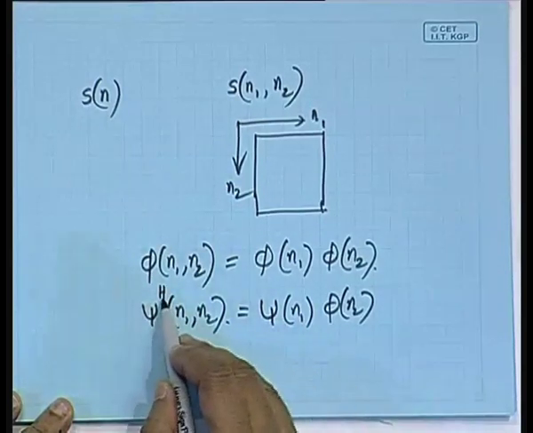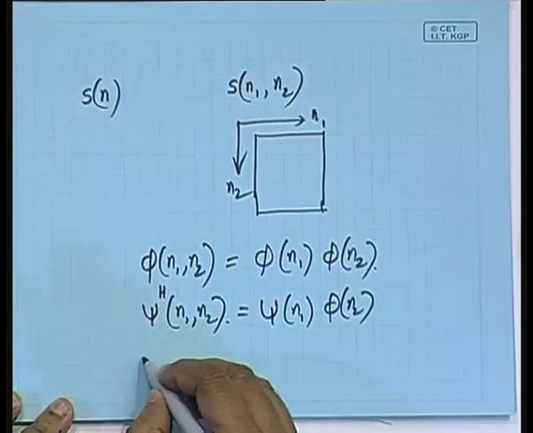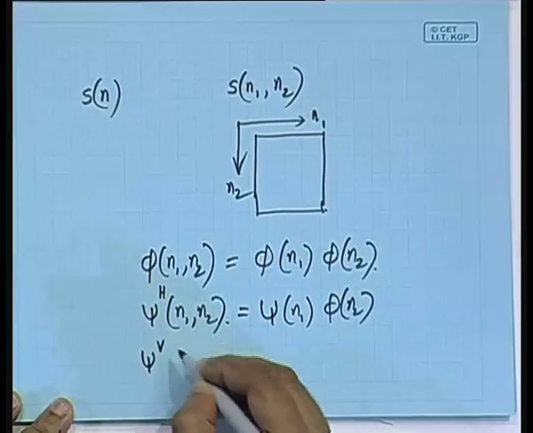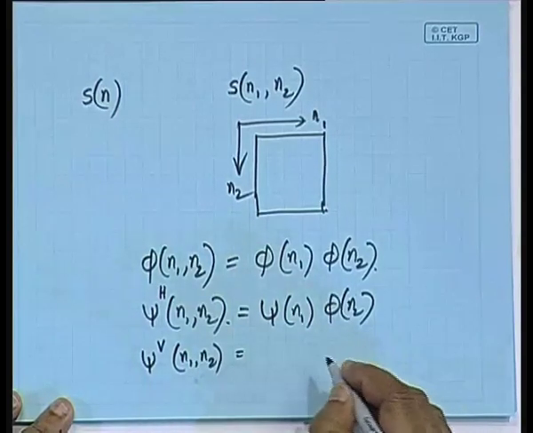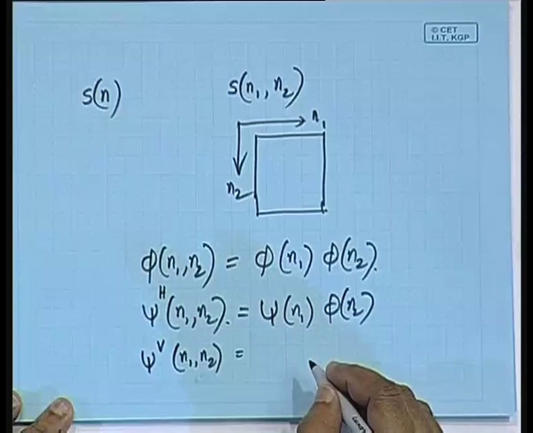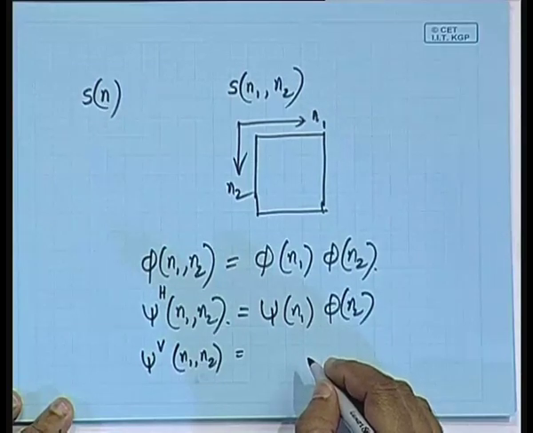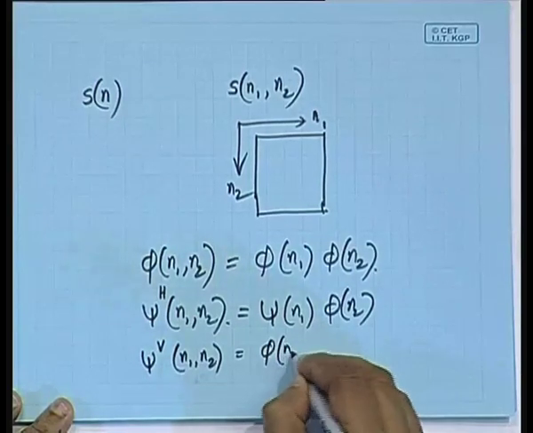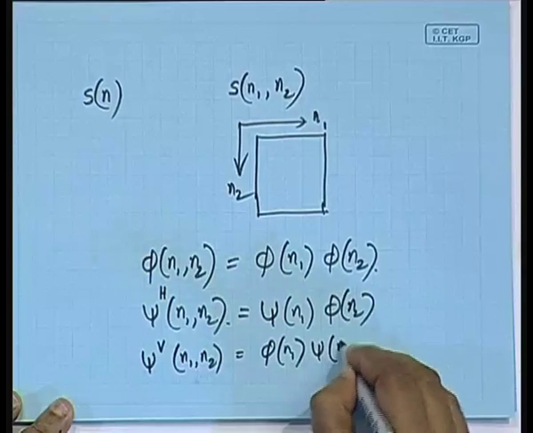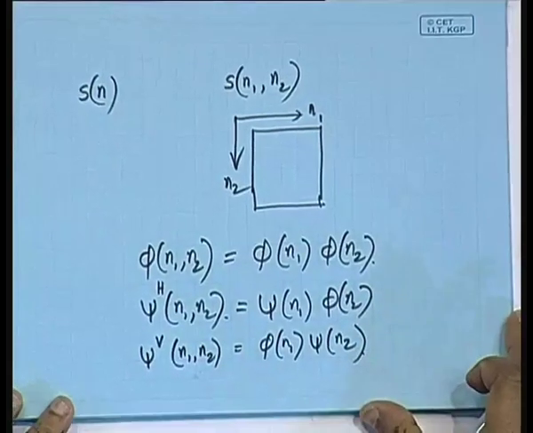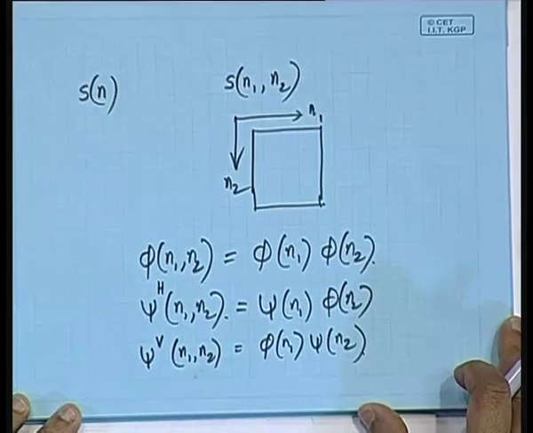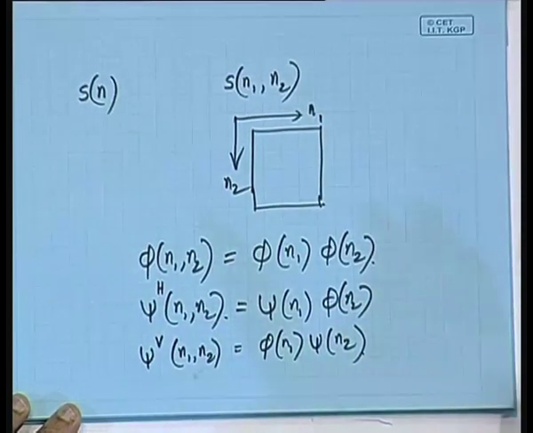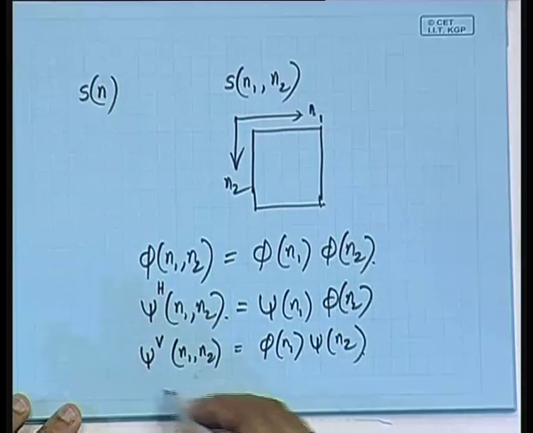Okay. So, horizontally it is high pass, and then I define another filter psi v n1 n2. What should it be? This should be phi n1 into psi n2, and I should have a fourth filter also possible, which will be just the product of psi n1 and psi n2.